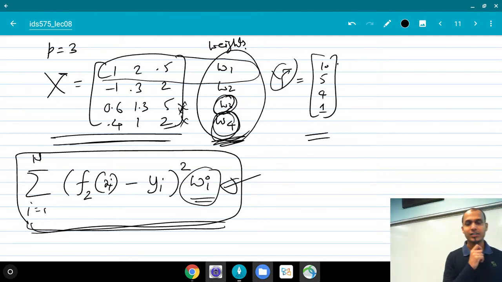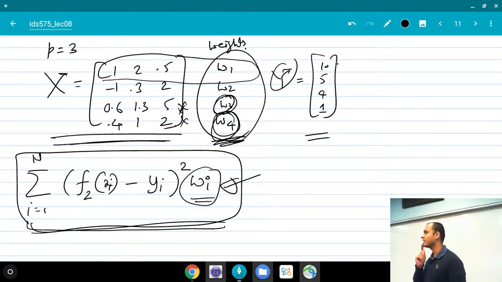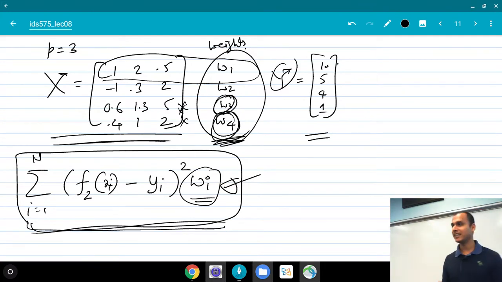Here's an example of a missing at random situation. I just thought about it now, so maybe it's incorrect, but here is an example. Let's say you're getting data about income level, and you have observed one of the features, which is male or female.